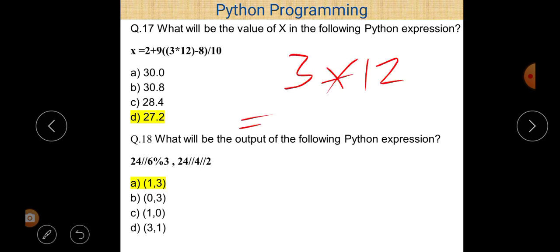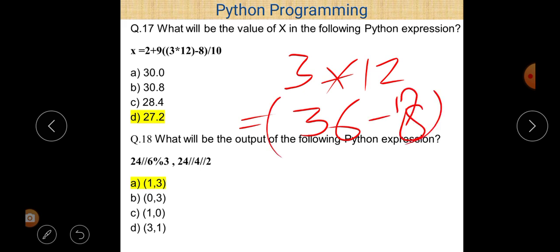When we multiply 3 by 12, the answer is 36. Then the outer bracket says that 36 minus 8 should be evaluated, so 36 minus 8 is equal to 28.